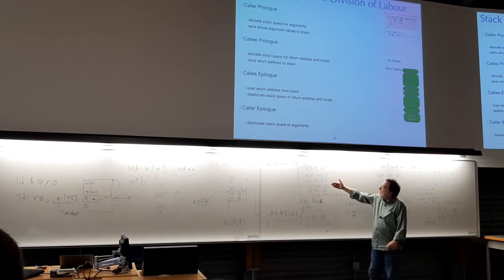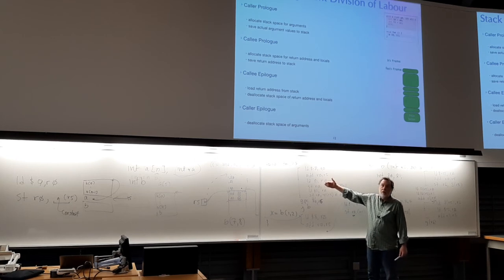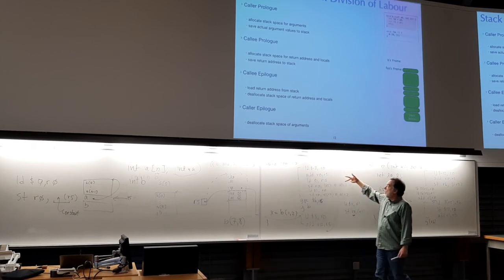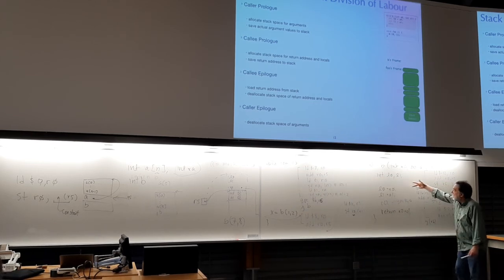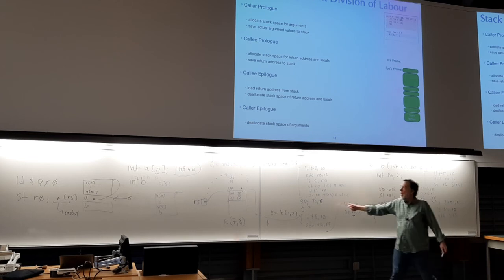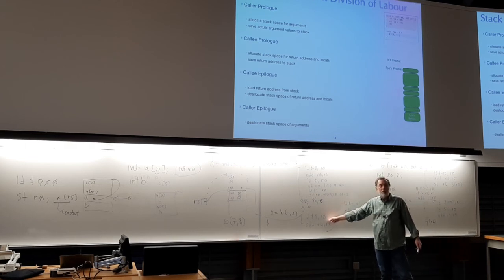So we have the data flow. The argument values are stored on the stack as part of the call. They're then accessed during the call. A value is generated here and is placed in R0, which is available here after the call.